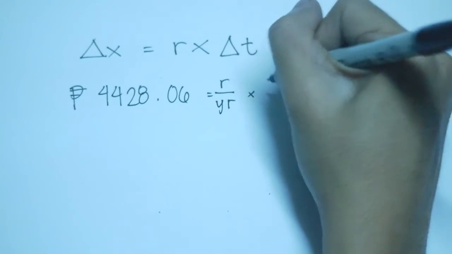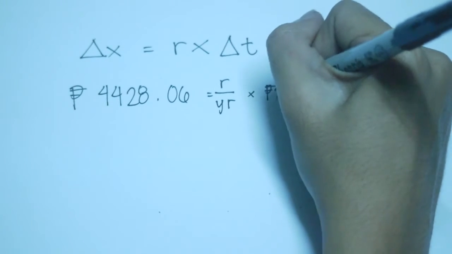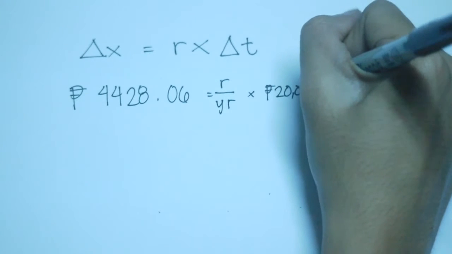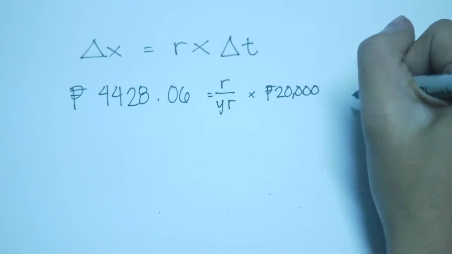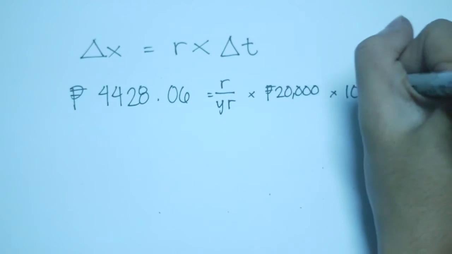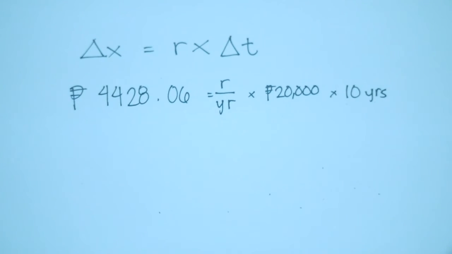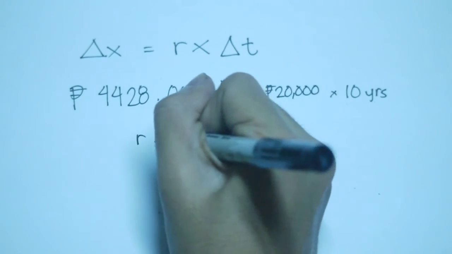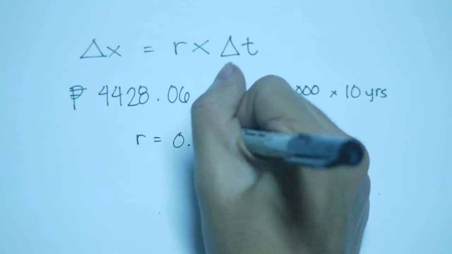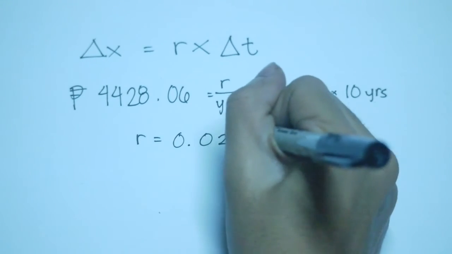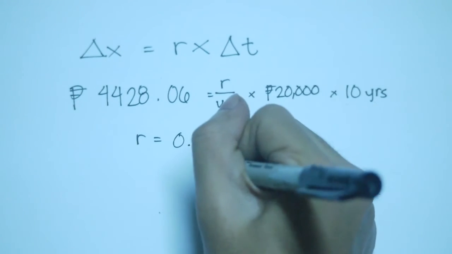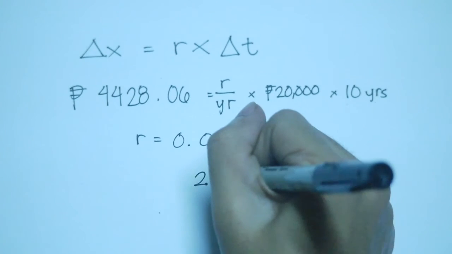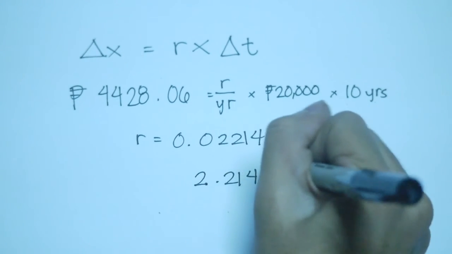Our x will be 20,000, which was in the given, and the change in time would be 10 years because that's what is stated in the first question. And when we isolate r and solve the equation, we will get 0.02214 or 2.214%. This 2.214% would be our final answer for the rate.